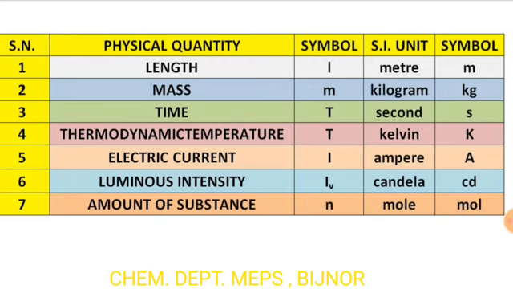For example, length, the SI unit is meter, mass, the SI unit is kilogram, time, the SI unit is second, thermodynamic temperature, the SI unit is Kelvin, electric current, the SI unit is ampere, luminous intensity, the SI unit is candela, and amount of substance, the SI unit is mole.